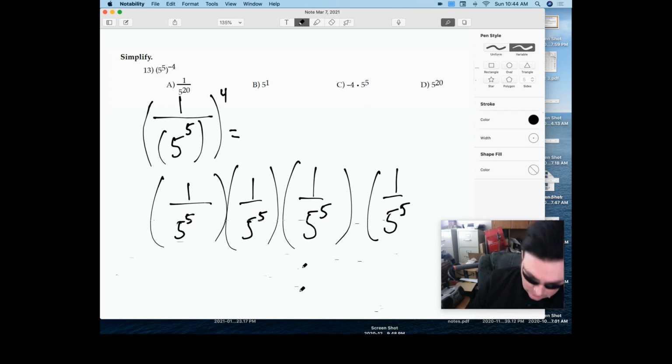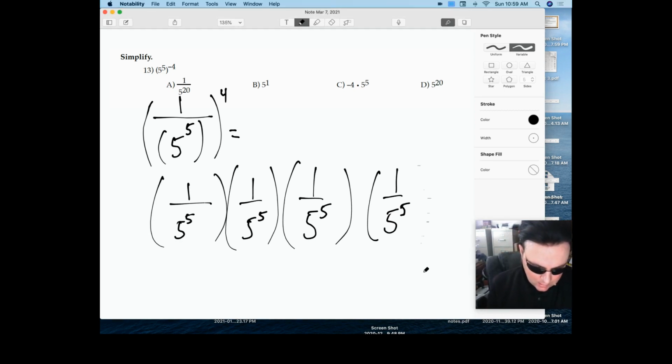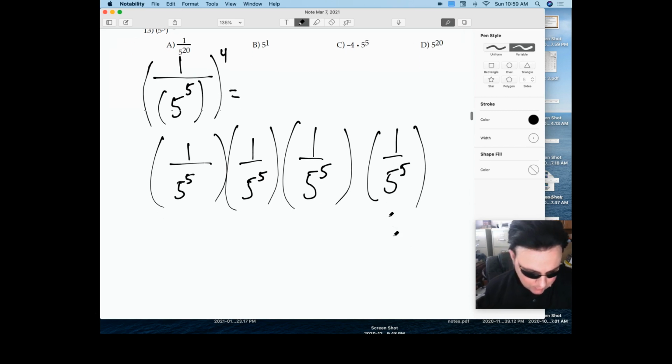And now what will I do? Okay, so we're left with 1 over 5 to the 5th times 1 over 5 to the 5th times 1 over 5 to the 5th times 1 over 5 to the 5th. Well, we know when we multiply and the bases are the same, then we can add the exponents.